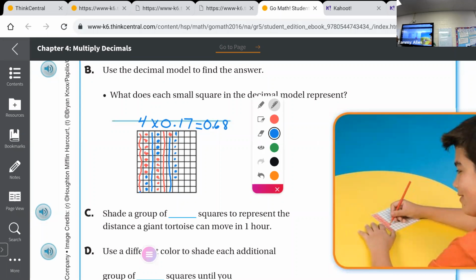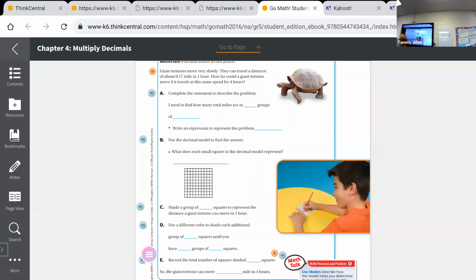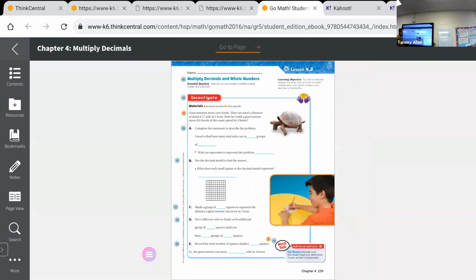So if we go back to our original question, are you guys all have this? If we go back to our original question, how far could the giant tortoise move if it travels at the same speed for 4 hours? It could get 68/100 of a mile in 4 hours.